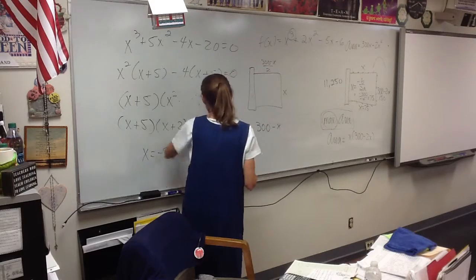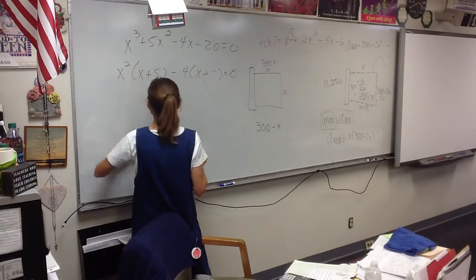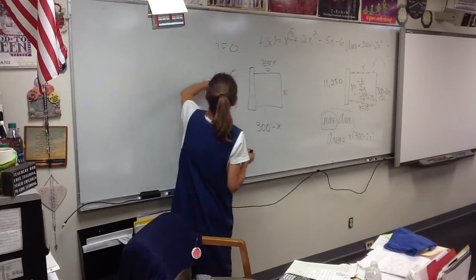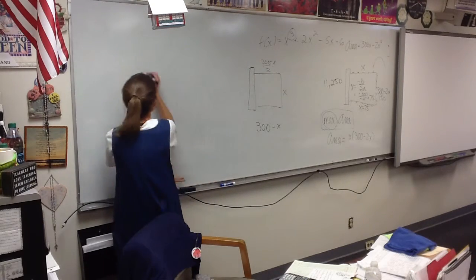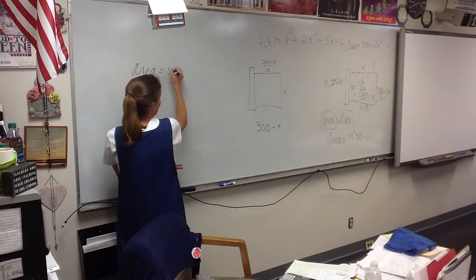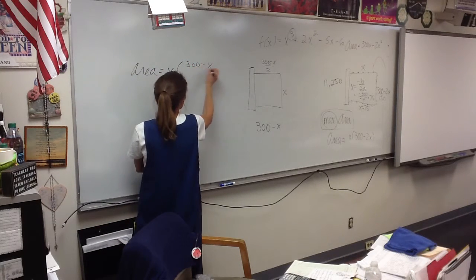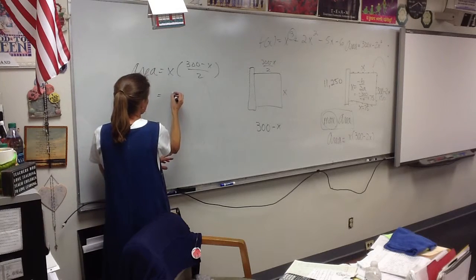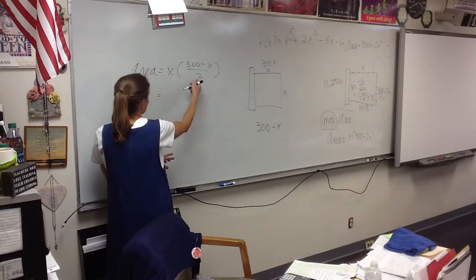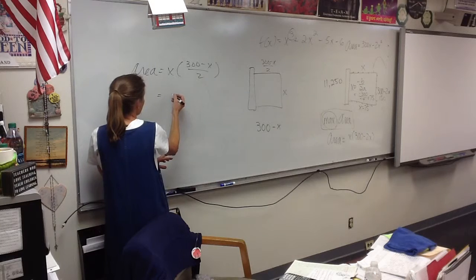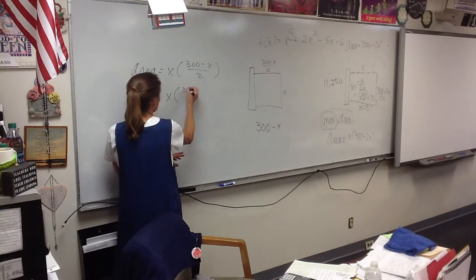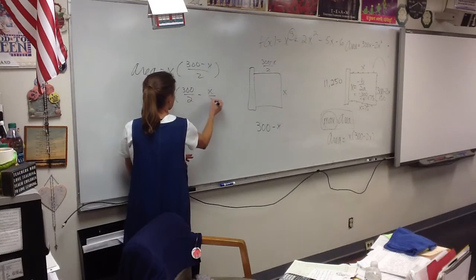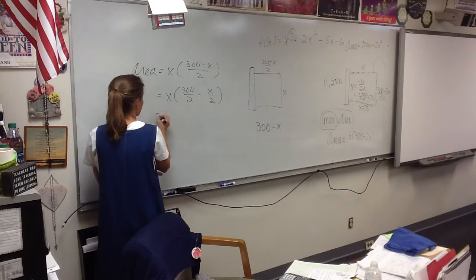So that area equation would be x times (300 minus x over 2), which is, let's split that, 300 over 2 minus x over 2.